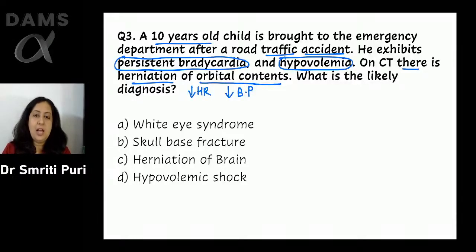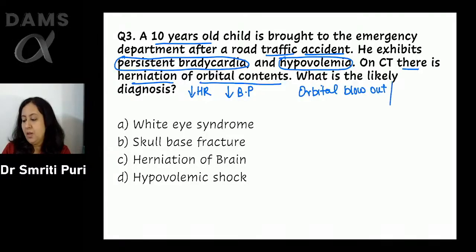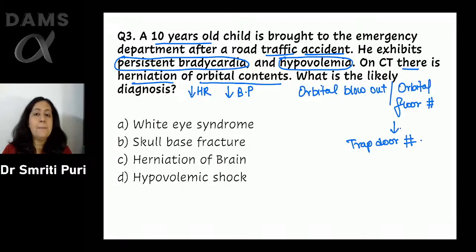What is the likely diagnosis? So this is pointing towards an orbital blowout fracture or an orbital floor fracture, and this is indicating towards a trapdoor fracture. That means the inferior rectus muscle has got entrapped in between the fracture segments.